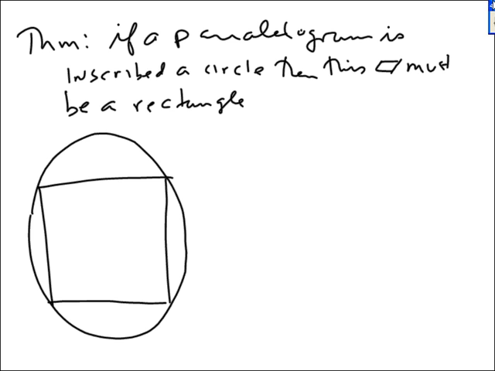Now, I claim that this must be a rectangle. Okay, so that's what's given, what's in black. I draw my transversal. Now, if you want, you can think of these sides going as long as you like. But remember me and the z's.